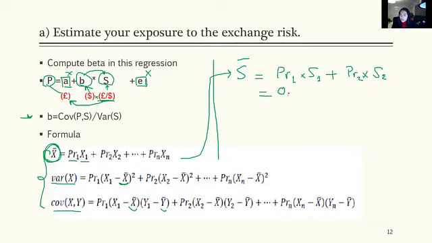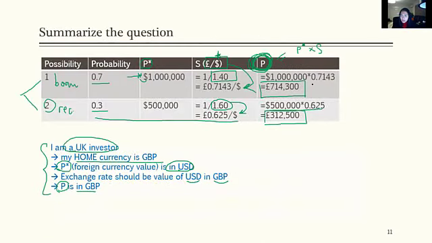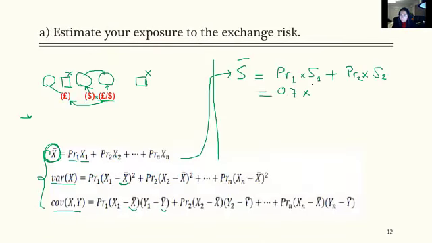So with scenario 1, this is when I have a boom time. So the probability is 0.7. And corresponding to that probability, my exchange rate is 0.7143, okay? So here my S1 is 0.7143. Scenario 2 is 0.3 probability, right?